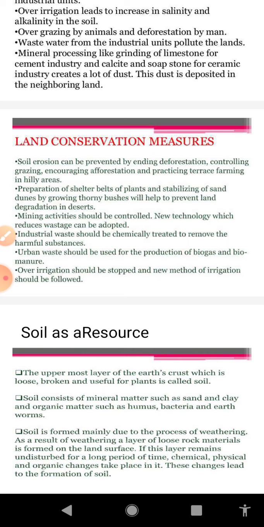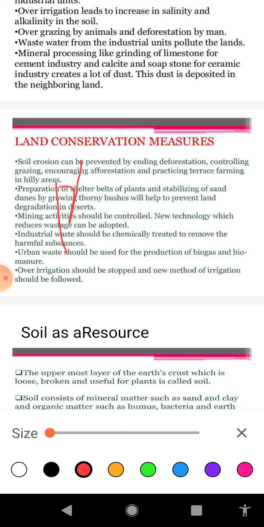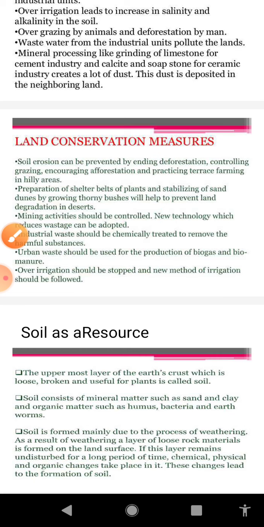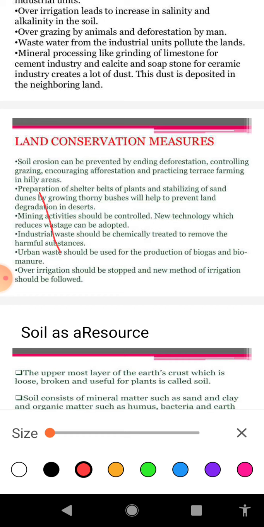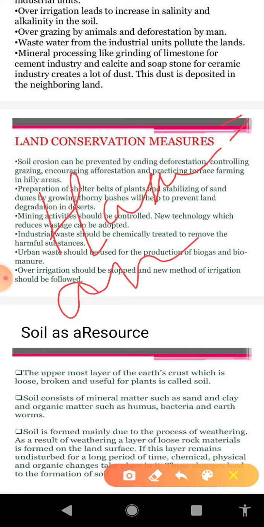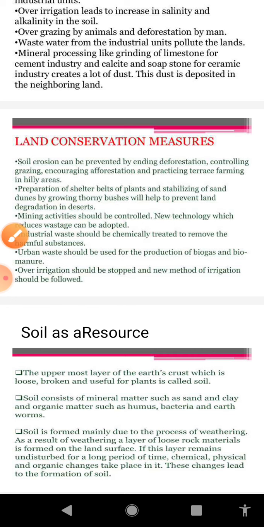Then with regard to the factors, different factors are there which are influencing the land use pattern in an area. First one is the physical factor, and second one is the human factor. So these are the two main factors: physical factors, or if you want you can call them geographical factors, then human factors or economic factors.